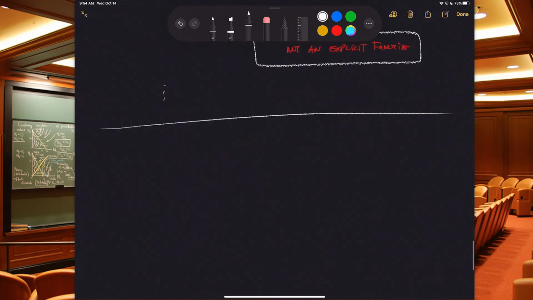So for an example, if I had, let's not use that, let's use 3 to the x minus 10 equals y, and I wanted to solve for x as a function of y.